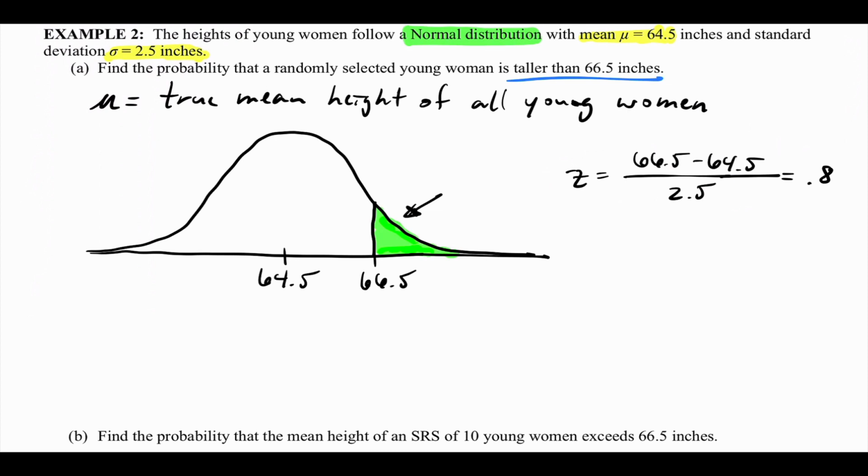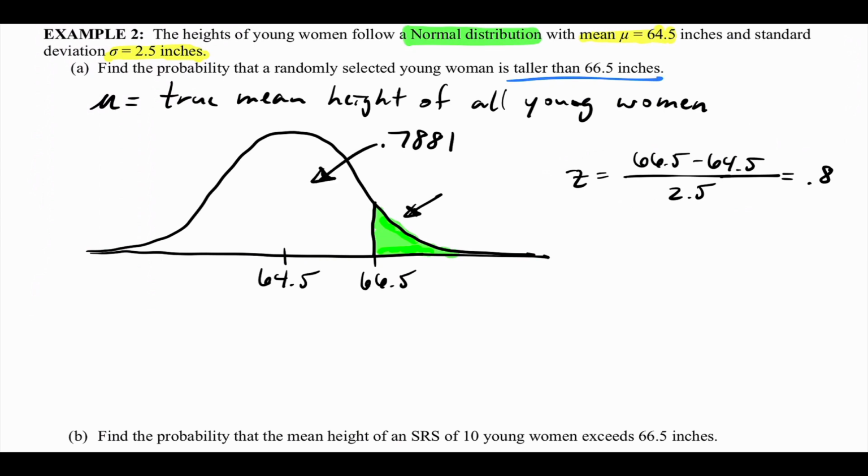That's the z-score, so then I go to my table and look up 0.80, and I get this number right here, 0.7881. Does that number represent the shaded or the non-shaded side?